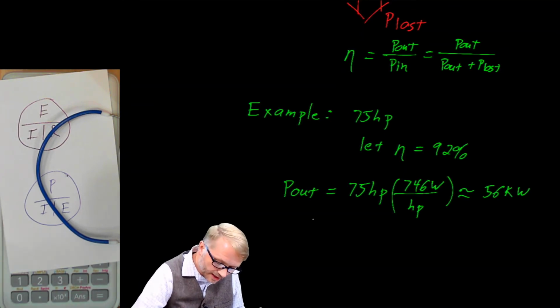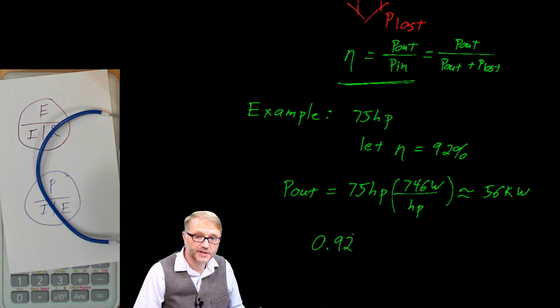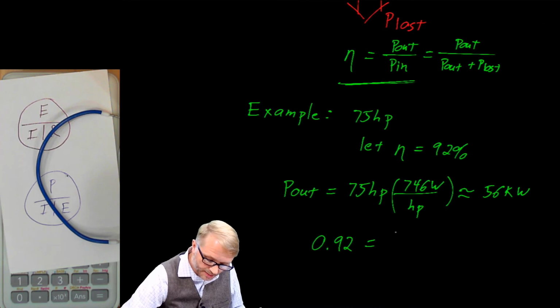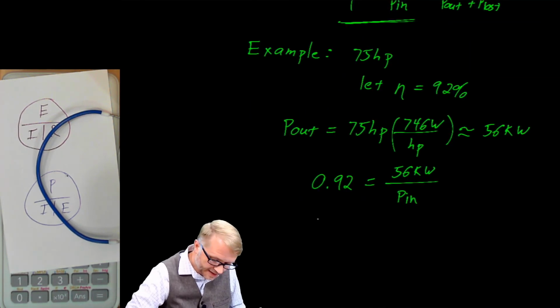Now we can use our equation here, where we say 0.92, because it's 92% efficient, is equal to the power out, which is 56 kW, over power in. Solving for that, the power in is approximately 61 kW.